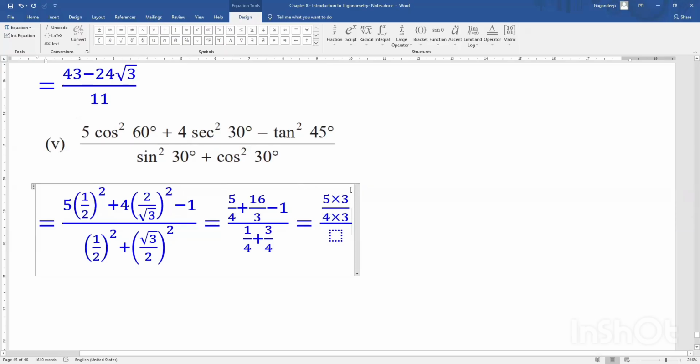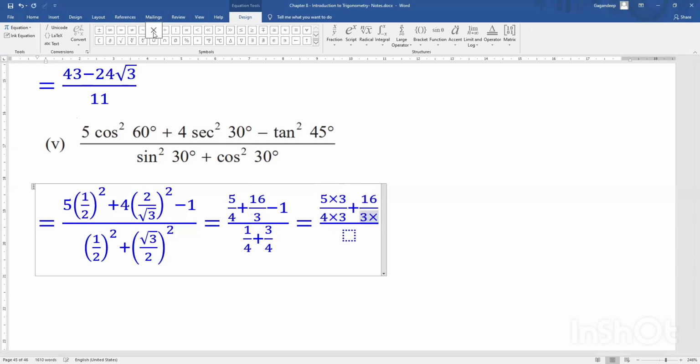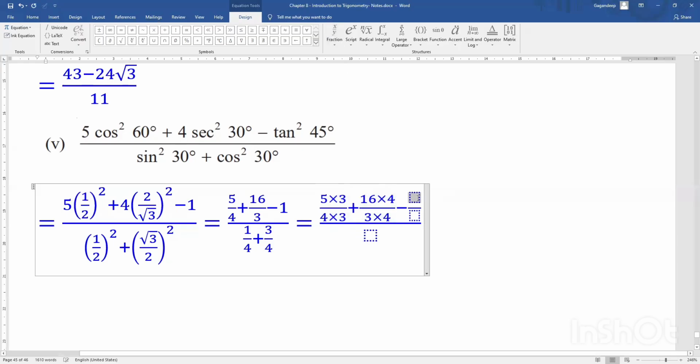And then here also I put plus sign. And then 16 by 3 I write. So here multiply with 4, both numerator and denominator. And then here for 1, I should multiply both numerator and denominator by 12.